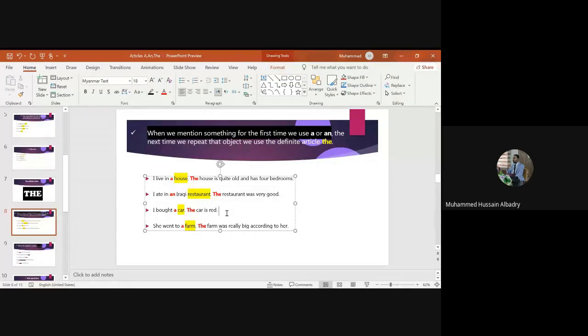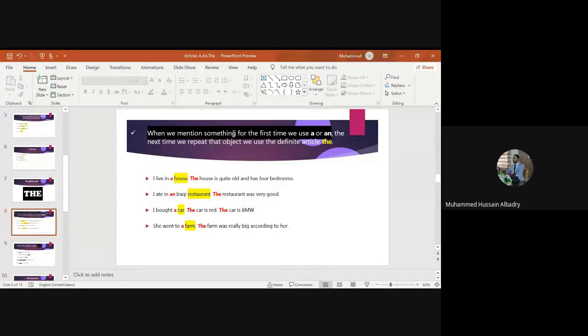If someone wants to continue, they don't use a or an again. The car is, for example, a BMW. See? The car, all the car, not a. Just the first time.